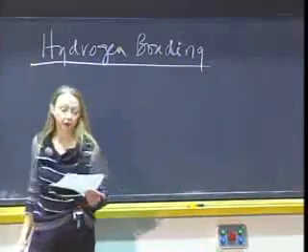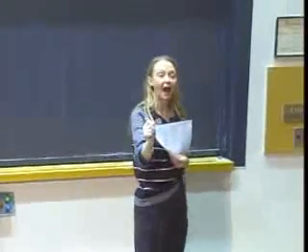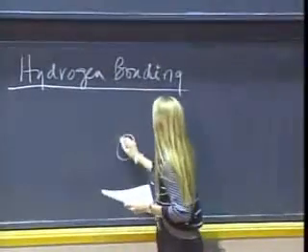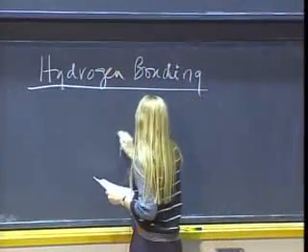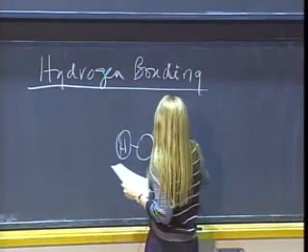All right, in hydrogen bonding, what you have to have is a hydrogen, and you have to have a hydrogen bonded to an electronegative element like oxygen. So a good example is water, right? Water is bound to an electronegative element.